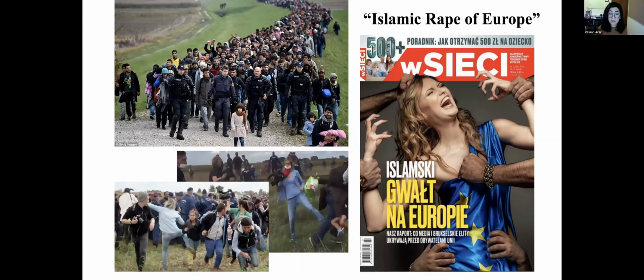Here we see other images that show refugees and asylum seekers, especially in the wake of the 2015 quote unquote refugee crisis, in which more than 1 million asylum seekers came to Europe. You see the cover of a Polish magazine that reads Islamic Rape of Europe.